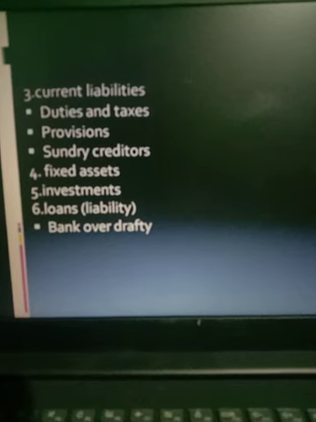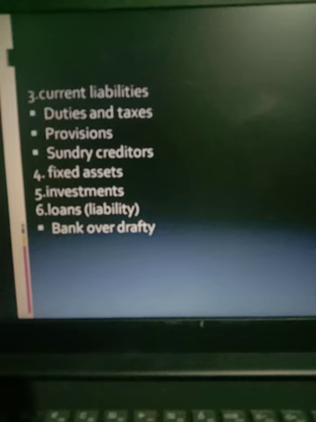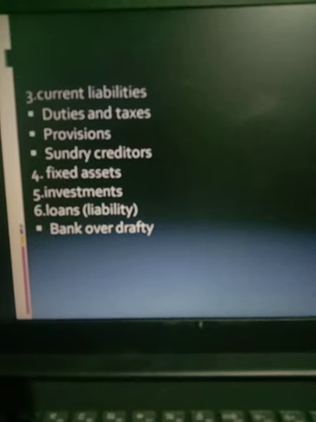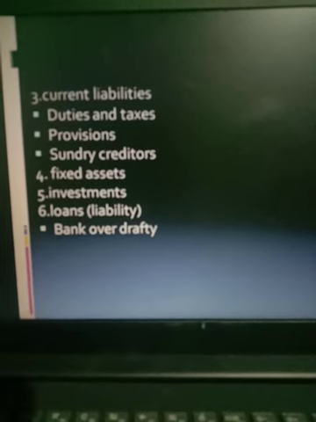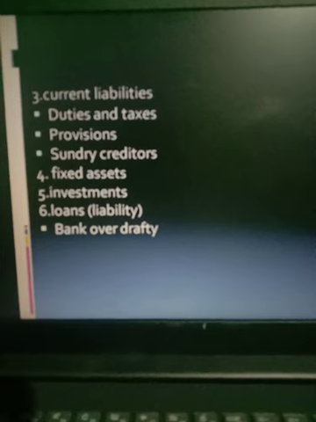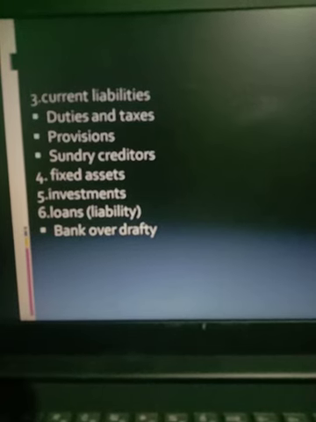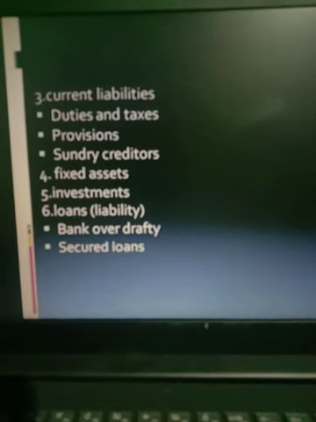For example, if a company or any person has a cash balance of 10,000 and has an overdraft, they can withdraw 15,000 also. For the excess 5,000 that they received extra, they have to pay interest.